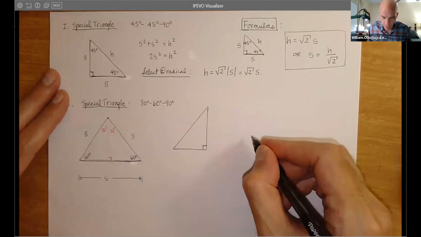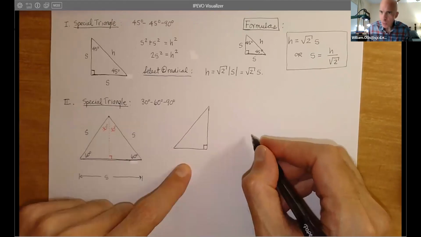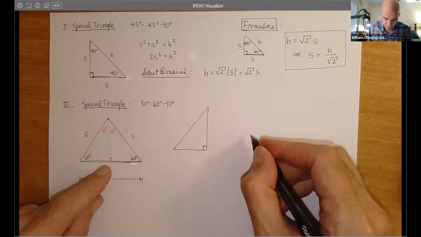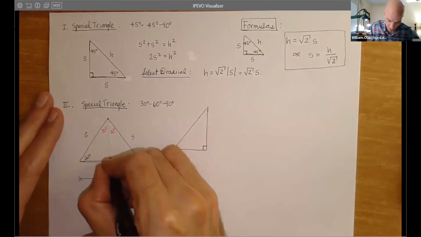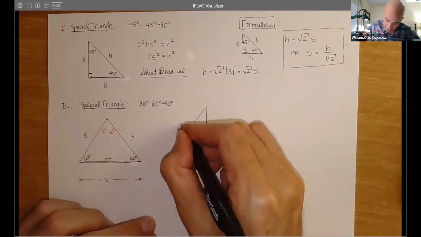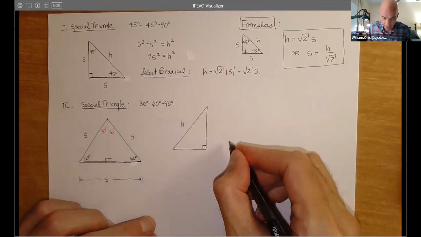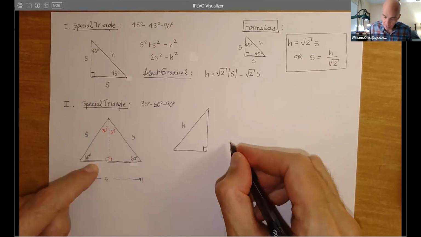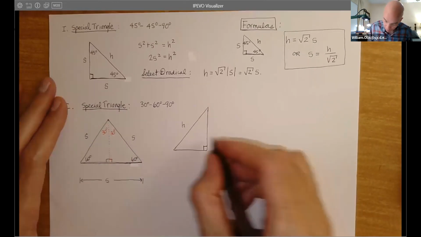So now this S we can just replace with H, because now you can go ahead and put this here too. So we'll replace this with an H. And then the shorter side here, we can just call S for shorter.